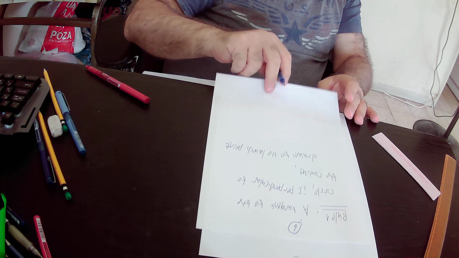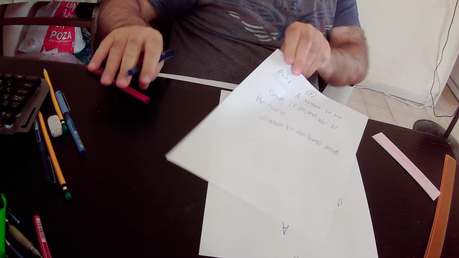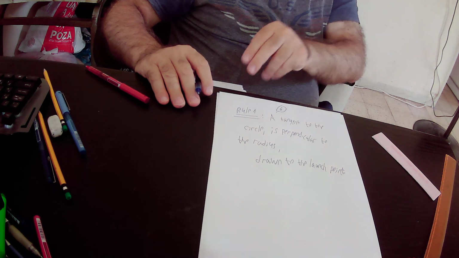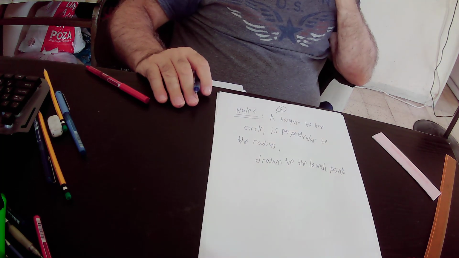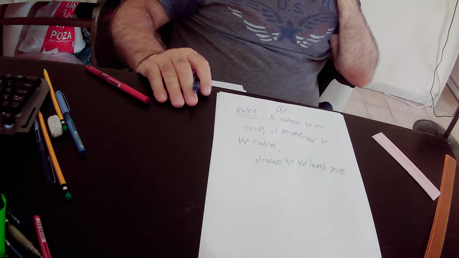So I will read rule number 1 again. Rule number 1 states that a tangent to the circle is perpendicular to the radius drawn to the launch point.